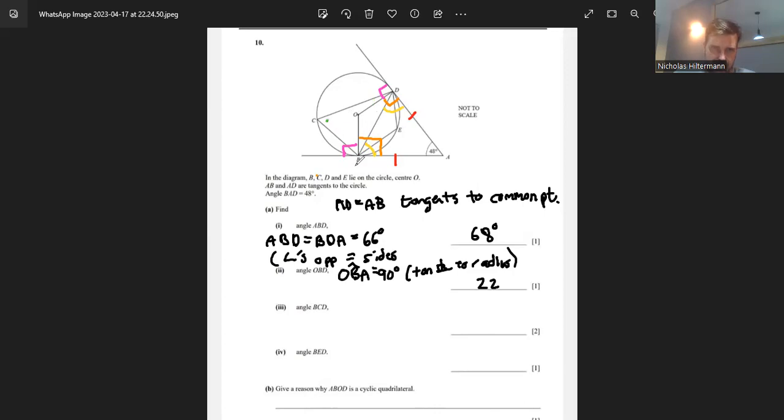In order to get BCD, this angle here, I've got another way. We need to use that angle at the center equals 2 times the angle at circumference. It's this shape here. So I need to get this angle BOD.